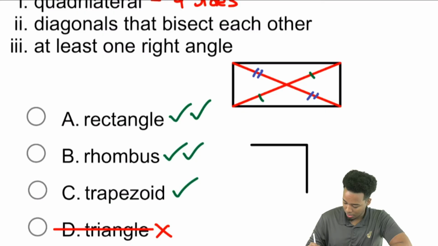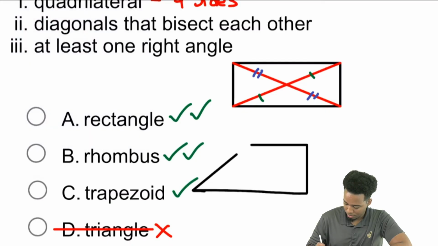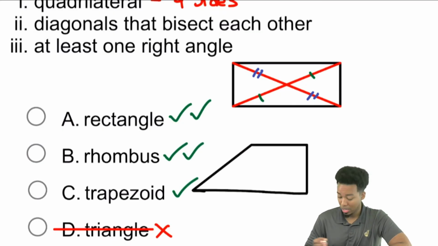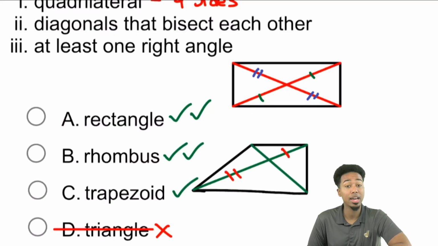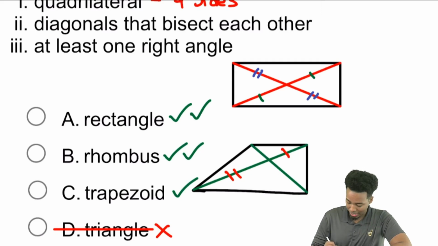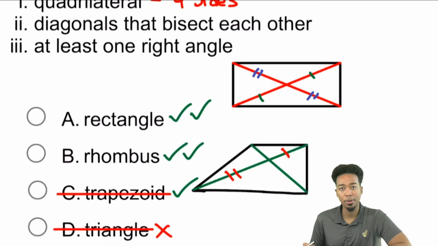So this could be a trapezoid right here. This is technically a trapezoid, and the diagonals do not intersect in a way that bisects them. If I draw from vertex to vertex, from here to there, notice that this is much smaller than that. So with a trapezoid, it's not guaranteed, and therefore I can cross that out. Trapezoid wouldn't fit the bill there.